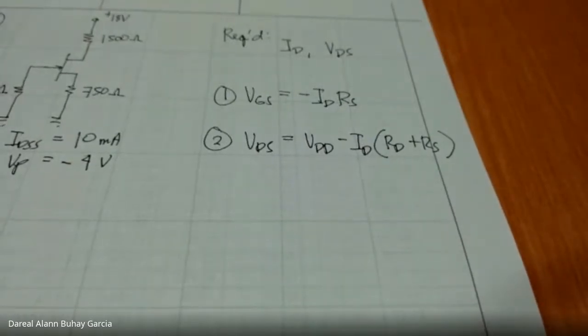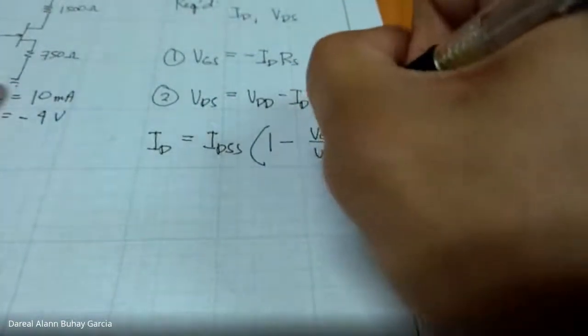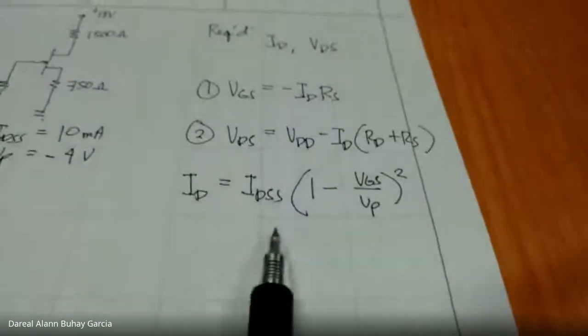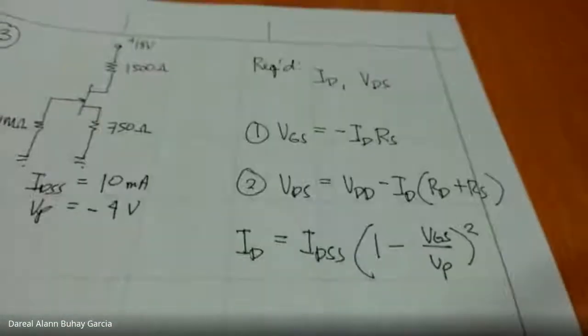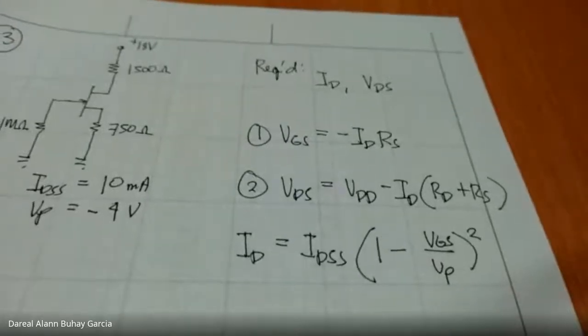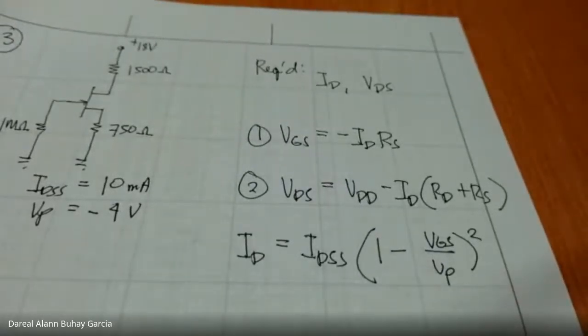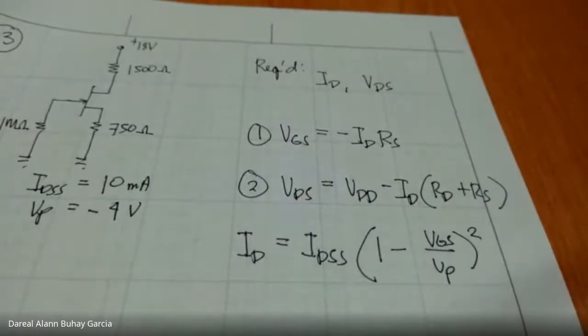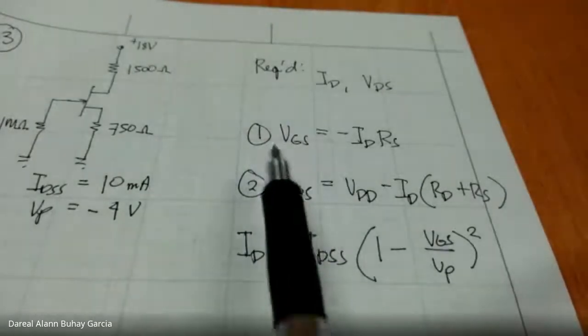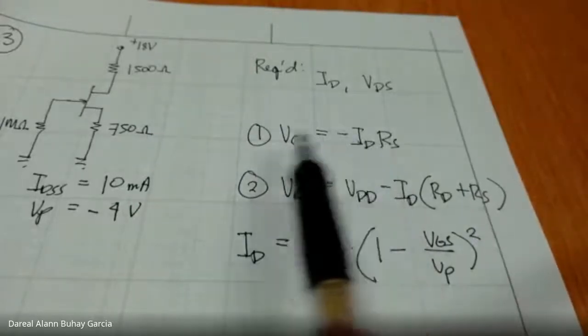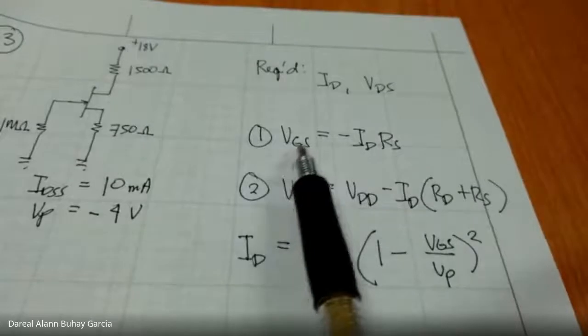The missing one is the ID equation, the Shockley equation: ID is equal to IDSS times (1 minus VGS over VP) squared. This is the usual step in solving FET amplifier analysis. First, find the equation relating VGS and ID, or the KVL on the input side.